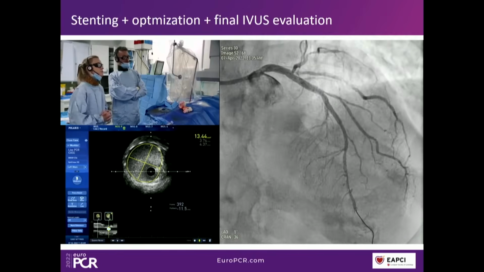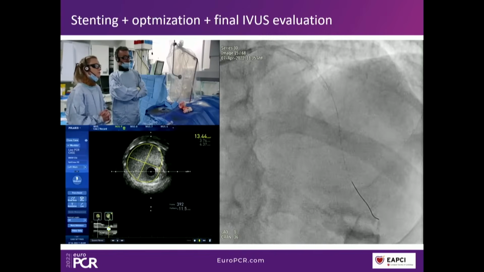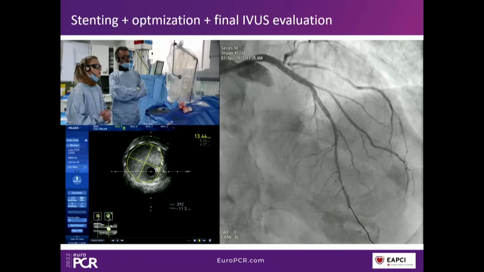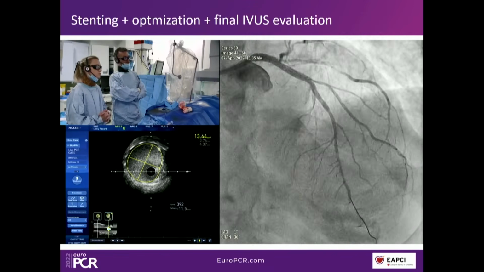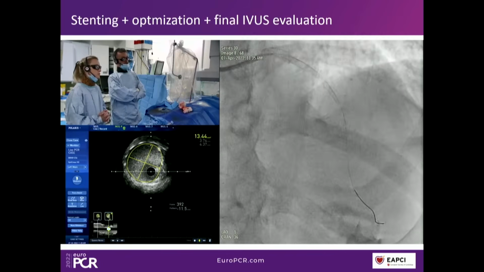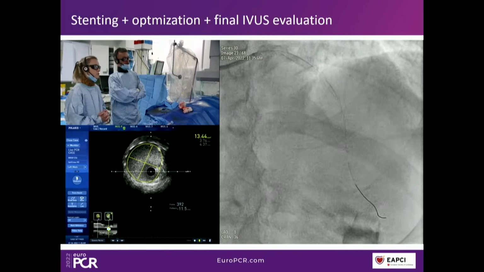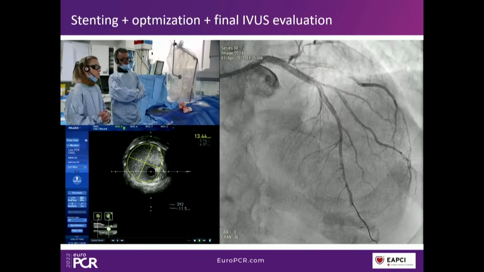Then, with some complexity, rewiring the ramus branch again with the dual lumen catheter and drug-eluting balloon to the ramus branch over a long section of disease in a small vessel again. Finished with a POT to the proximal left main.